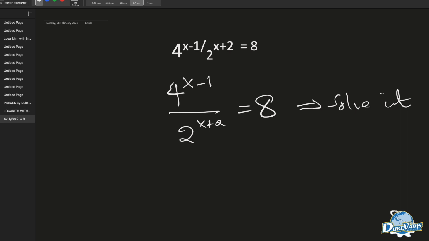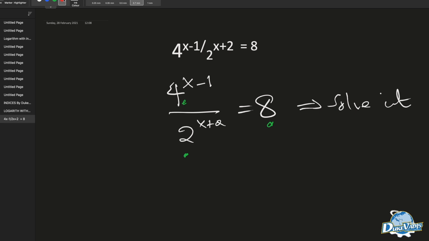The first thing I can see is 8. You can see 8, 4, and 2.